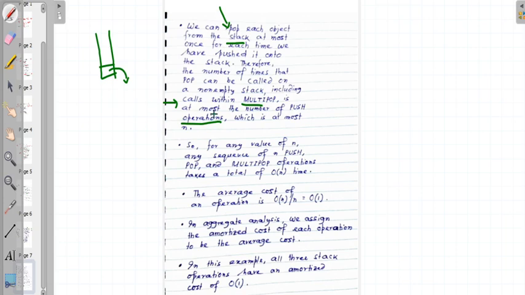Whatever push operations we have, that many pop operations we will have, including the multi-pop operations as well. So for any value of n, any sequence of n push and multi-pop operations takes a total of order of n time.